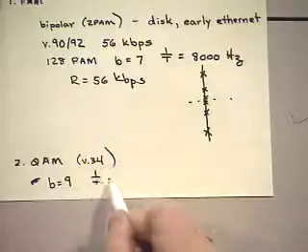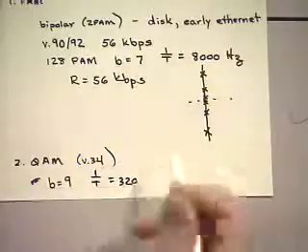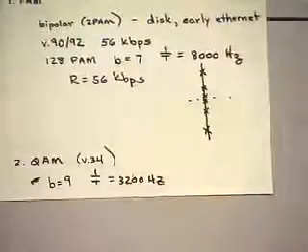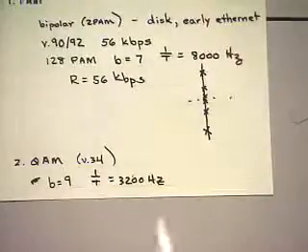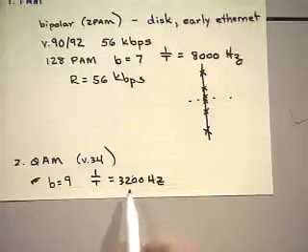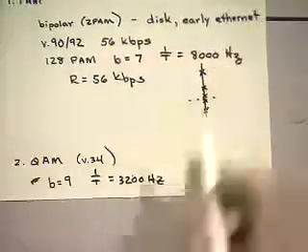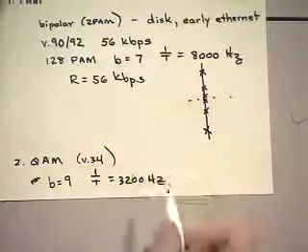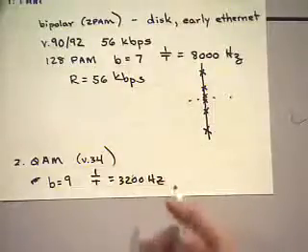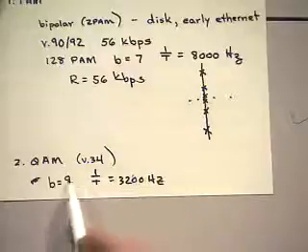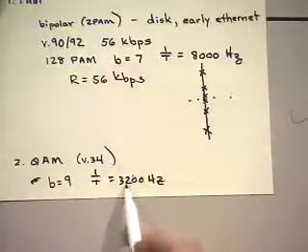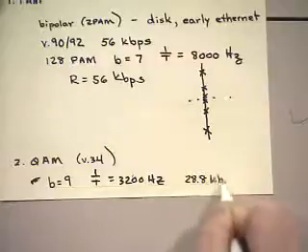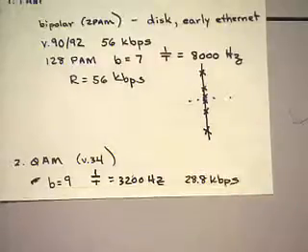The symbol rate is 3,200 hertz. Now remember, we have 2 dimensions here, so this is more like 6,400 dimensions per second in QAM, compared to this 8,000 dimensions per second in the 56K modem. And what that works out to be is, if you take the 9 times 3,200, basically what you get is 28.8 kilobits per second being transmitted.